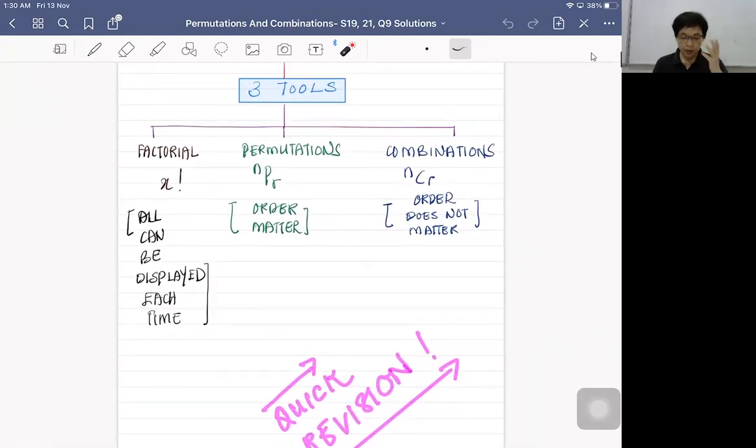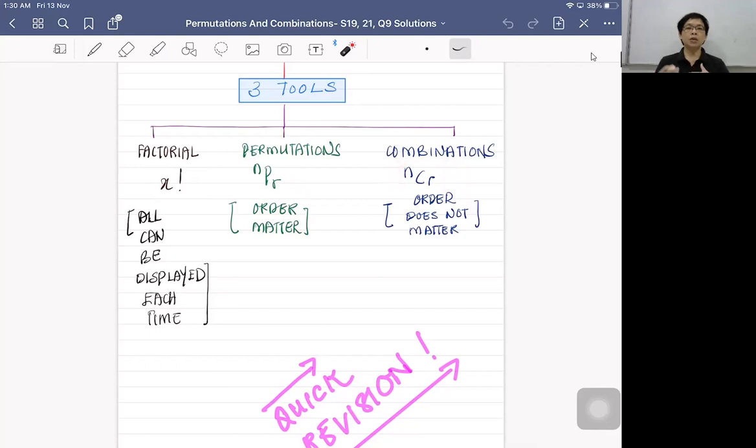We call them factorial, permutation, and combination. For each of them, you can see the keys in your calculator: x factorial, and also nPr and nCr.